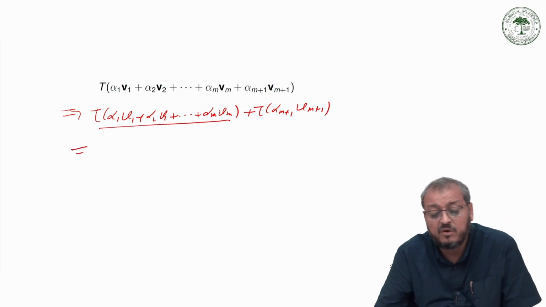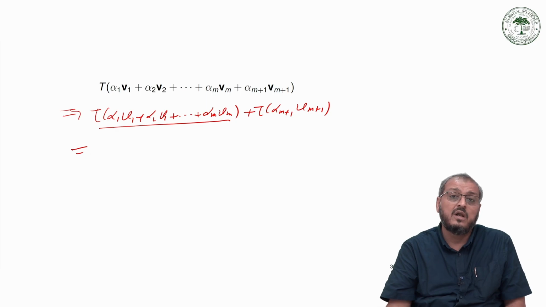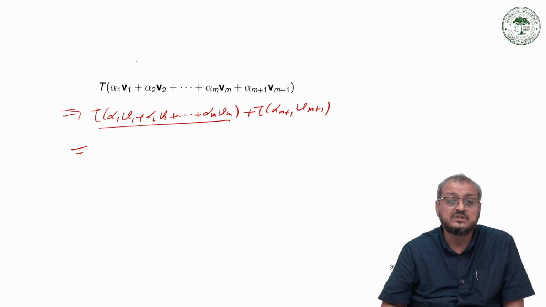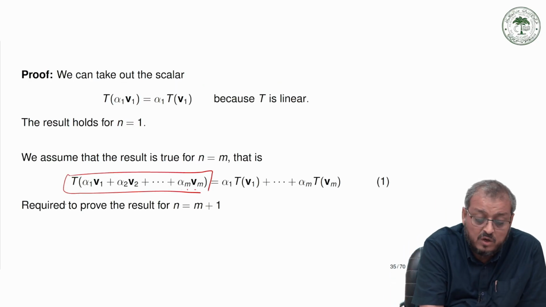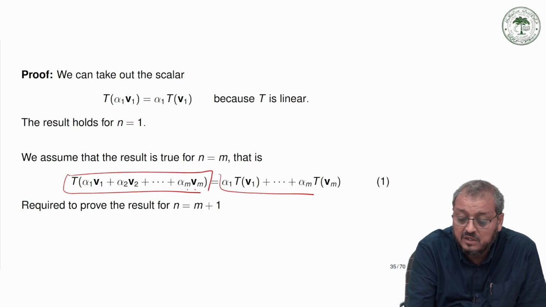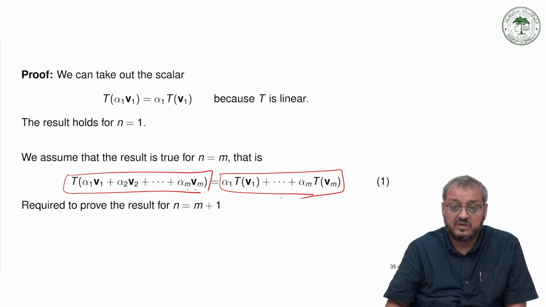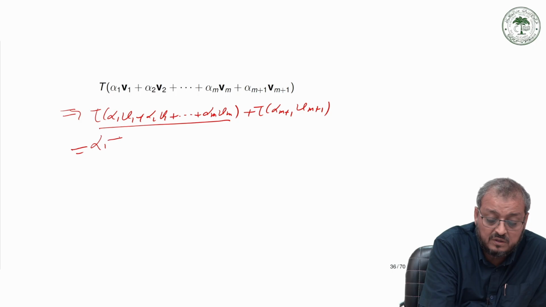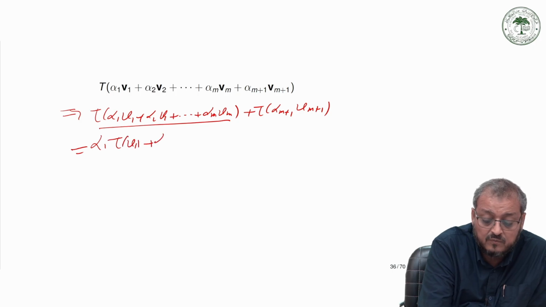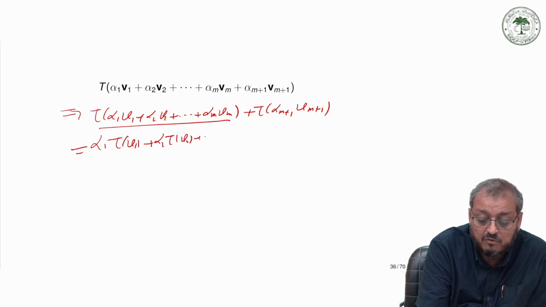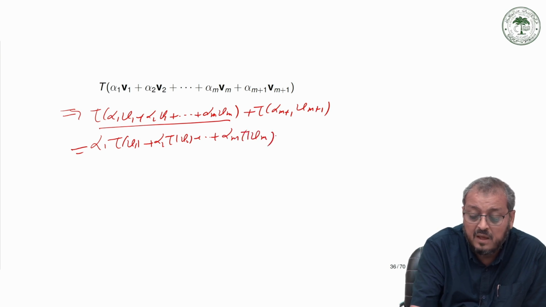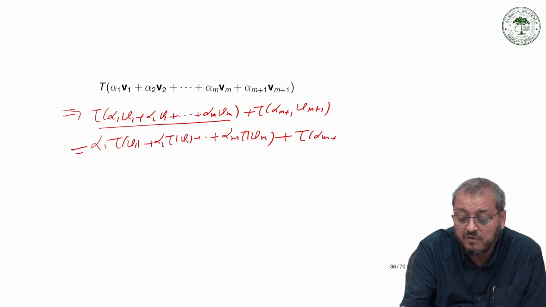Now because the result is true for n is equal to m, this can be written as alpha 1 T of v1 plus alpha 2 T of v2 and so on plus alpha m T of vm, plus T of alpha m plus 1 v m plus 1.